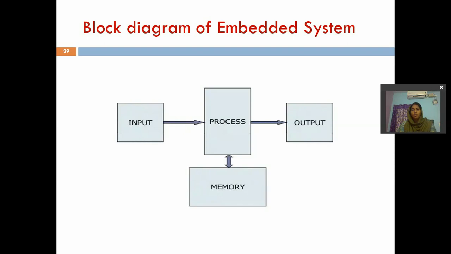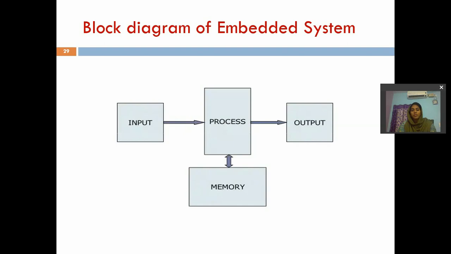So we have two blocks: the software block, which is the host system, and the hardware block, which is our target system. In our target system, we have four blocks.